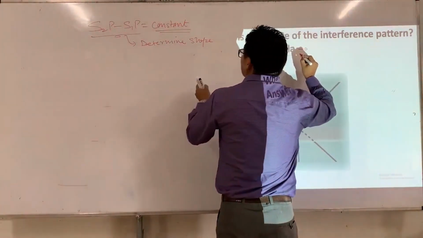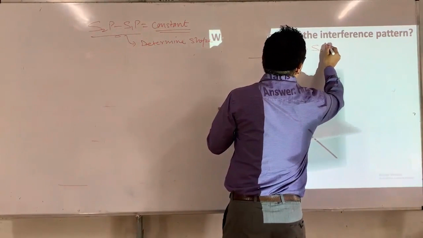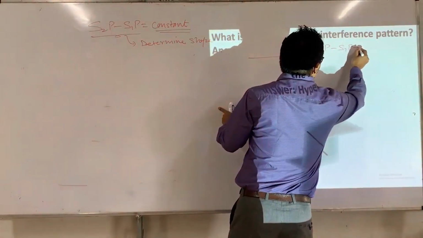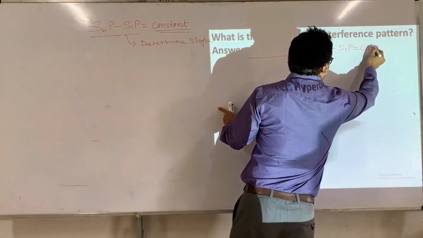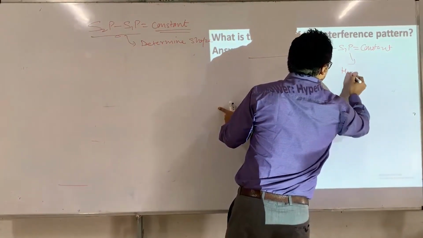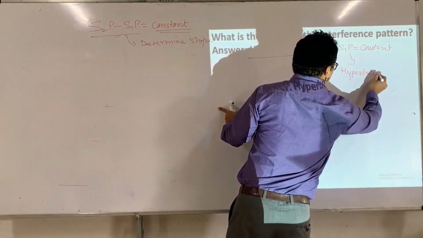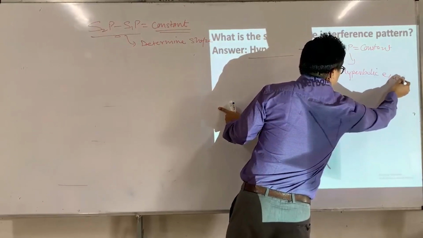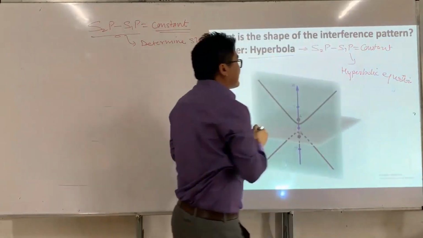The answer is that S2P minus S1P is a constant. This is what we call a hyperbolic equation. Why? Because it is a set of points.